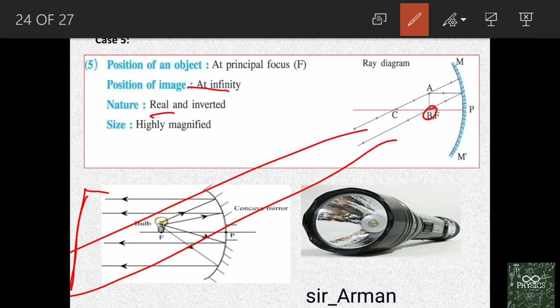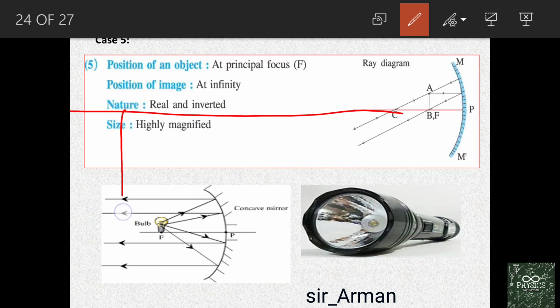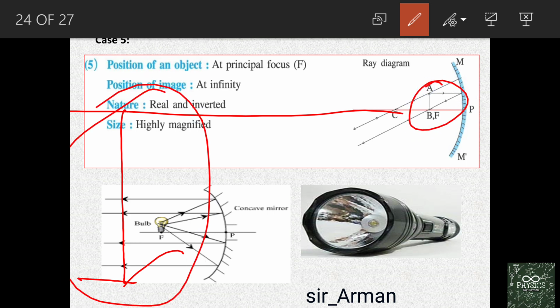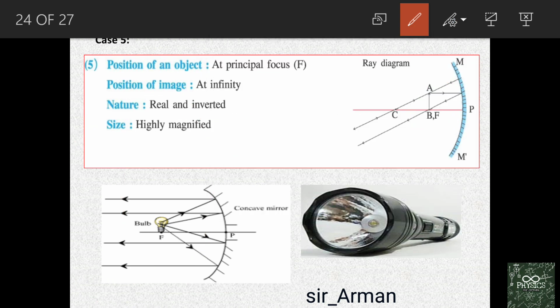The nature is also inverted. Suppose we assume that the image is obtained here. Compared to the object, the size of the image is highly magnified.